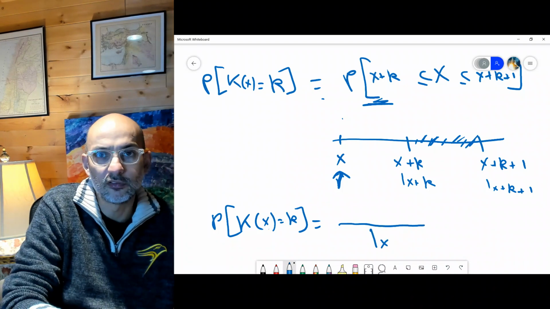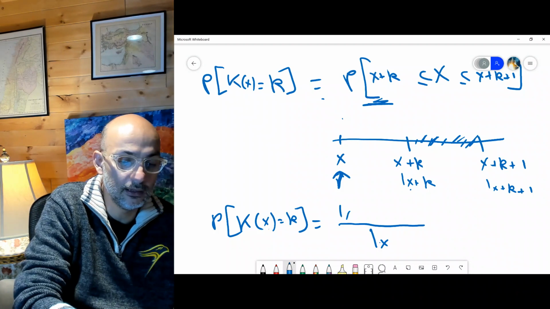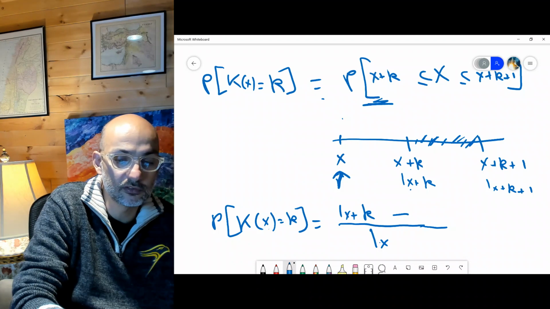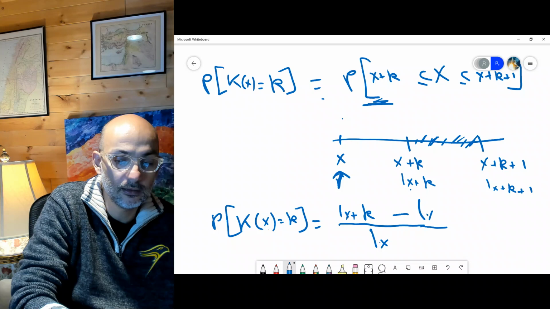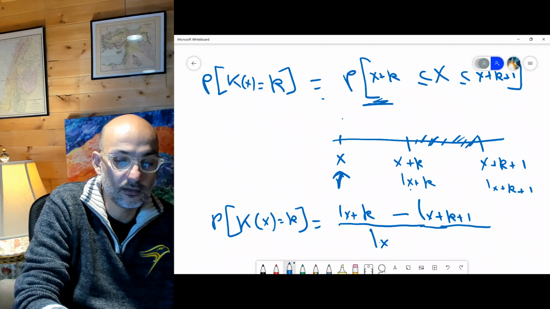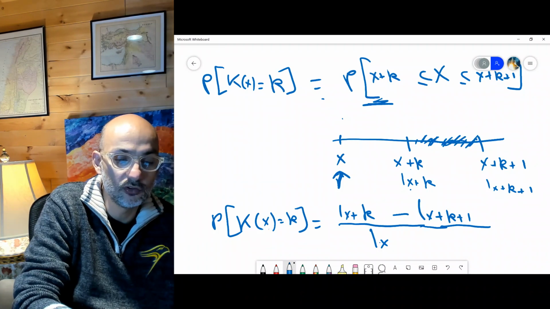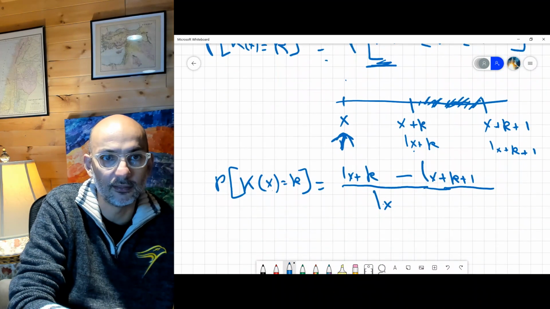As always, this is the same logic. You divide by lx, but you see who survived to x plus k, l x plus k, and you subtract from it who survived to x plus k plus 1, l x plus k plus 1. You take the deaths here and divide by the cohort you start with, lx.